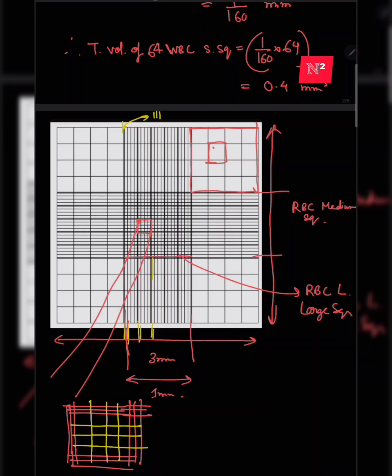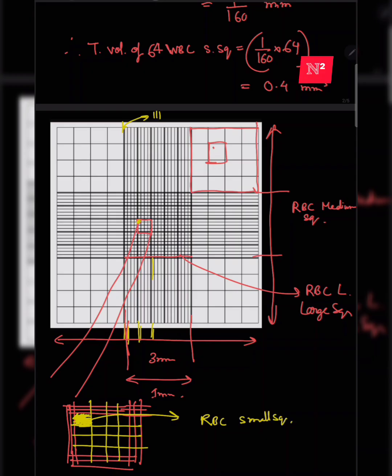Then this square, that's the small pinch of square that you can see from the whole grid. It is representing this. So what will be the length and breadth of this one? And what is the name of this? This is called the RBC small square. So these are the nomenclature.